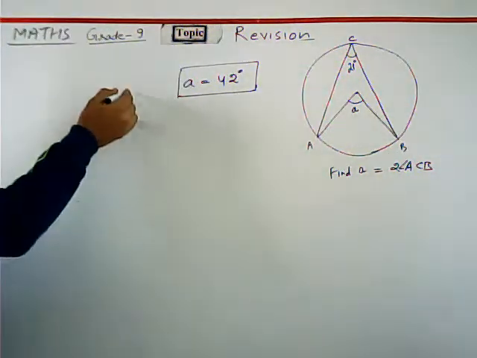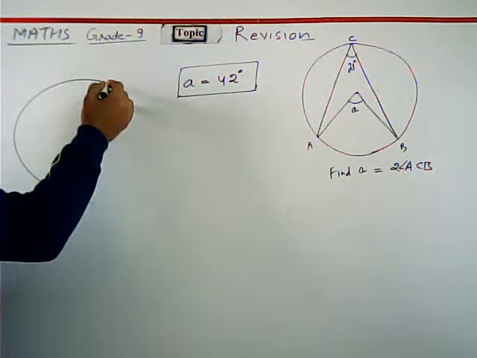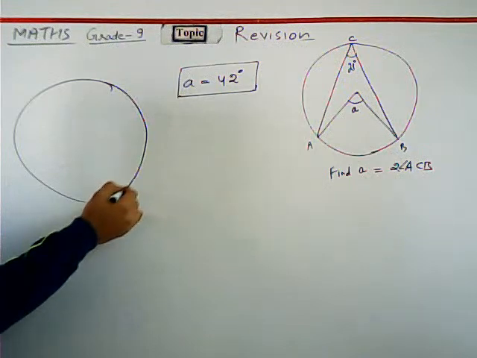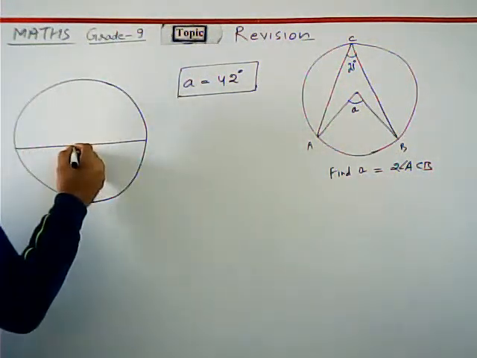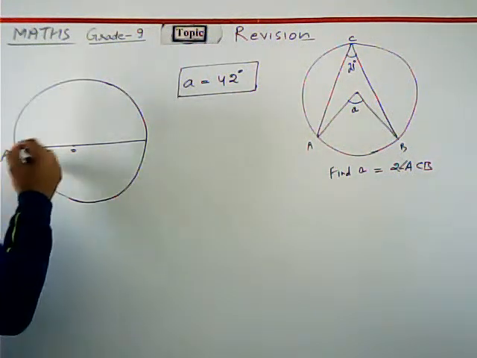Now one more question on circles. If we have a circle, and in this circle we have a diameter, AOB is the diameter.